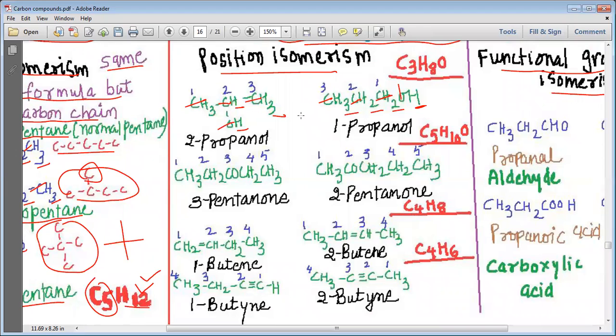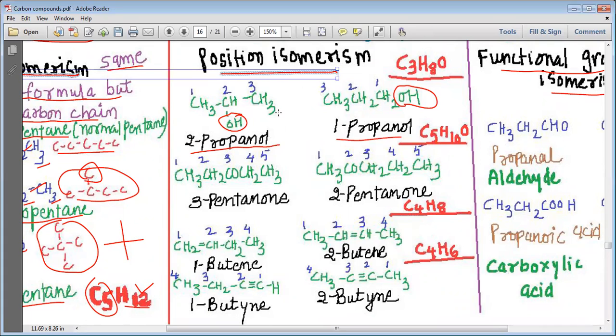So here you can see that this branch, which is the hydroxyl group, or the functional group, is bonded here to the first carbon, and here it is bonded to the second carbon. So we call it 2-propanol, and this we call 1-propanol. Both are position isomers of each other.